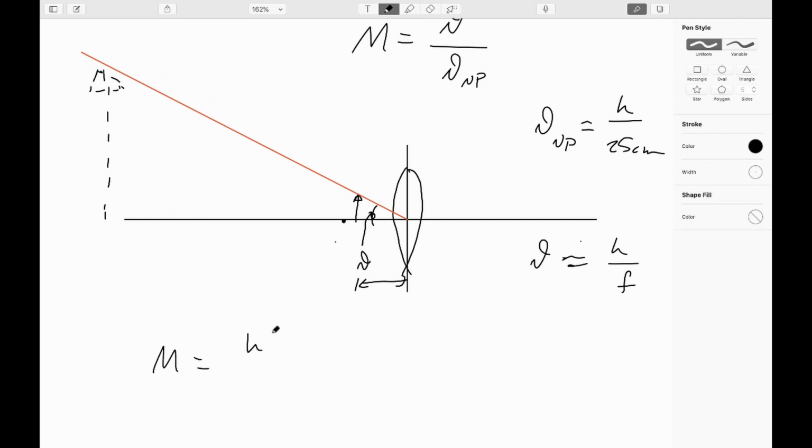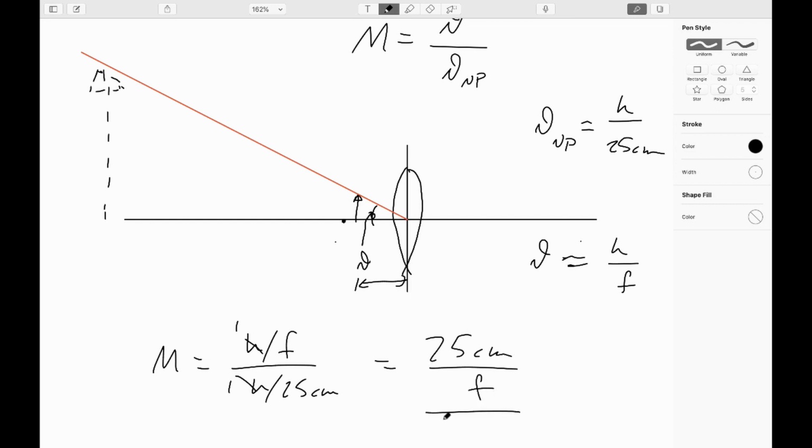So theta is h over f. Theta near point is h over 25 centimeters. Cancel, cancel. And we end up with 25 centimeters over the focal length. So the shorter you make the focal length, the better. Now, there's only so far you can push this, and it turns out that it's really hard to make a simple magnifier that will give you a decent image with more than about 10x magnification.